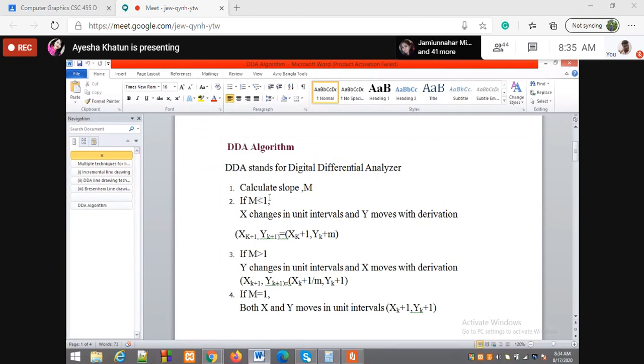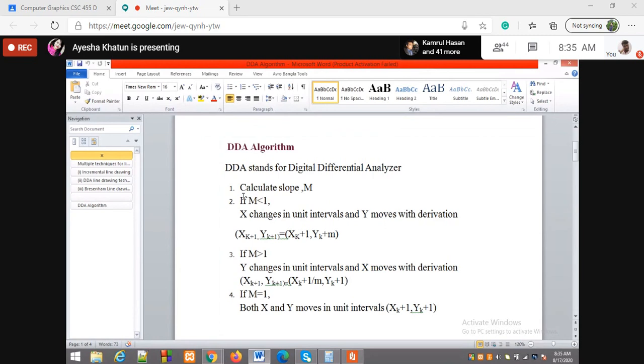After that, if the slope is less than 1, then x will change according to the unit interval. That means x will be incremented by 1 unit and y will move with the derivation. That means after doing the derivation, whatever the value of y is, you have to get that value.